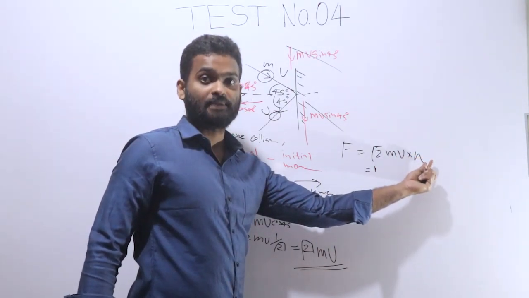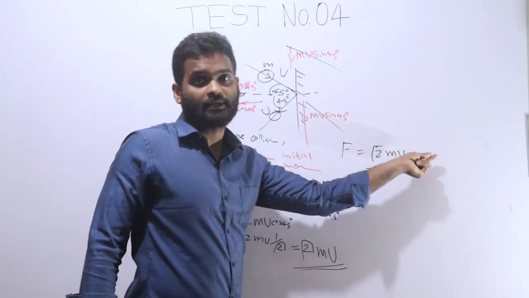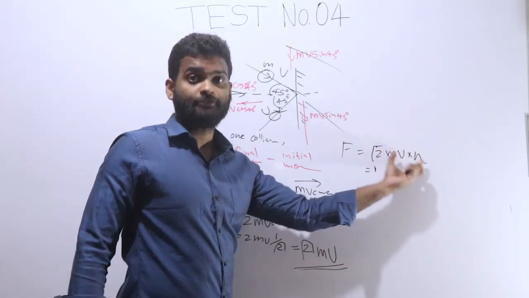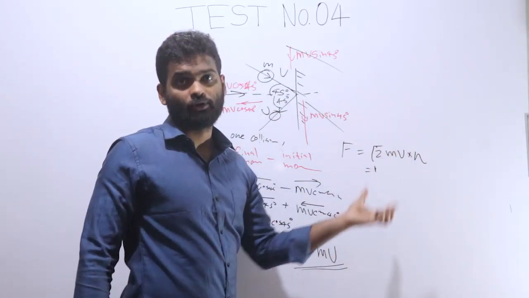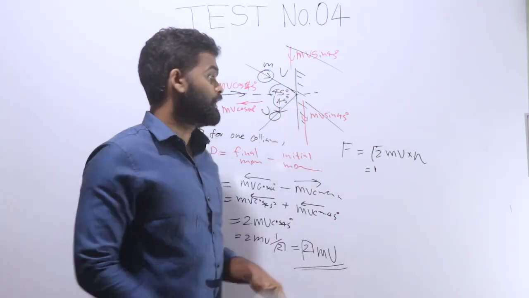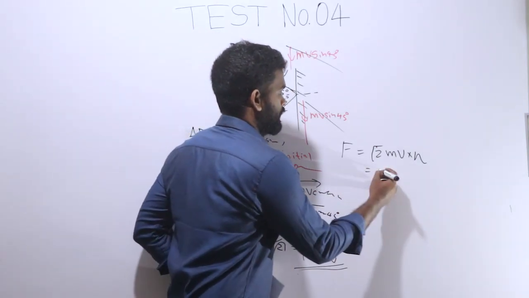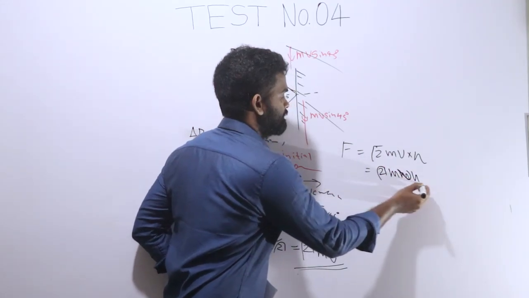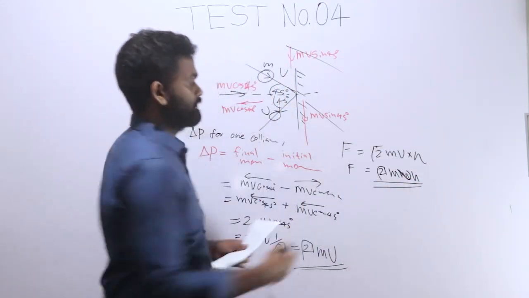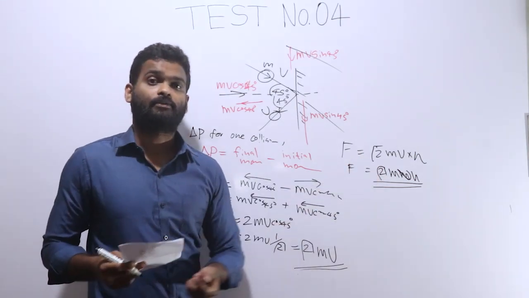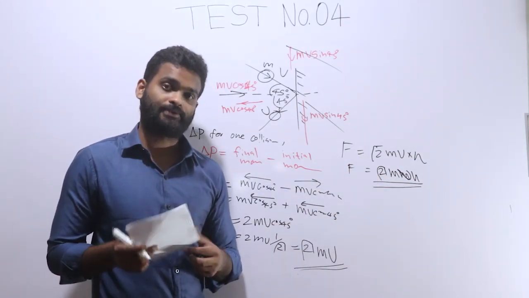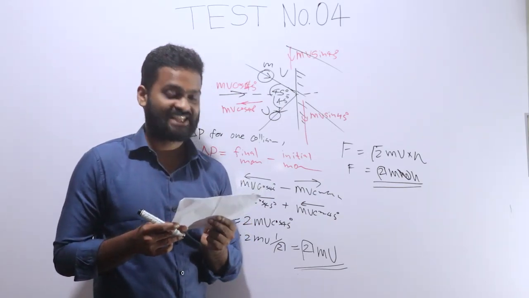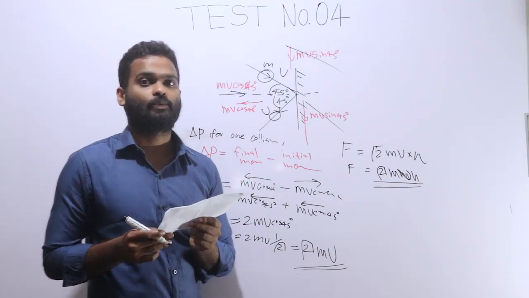Since it is given per second, this becomes a rate of change of momentum for n collisions. So the answer should be root 2 mv n. That is the rate of change of momentum, or the force. So the answer should be the second option for the 11th question.